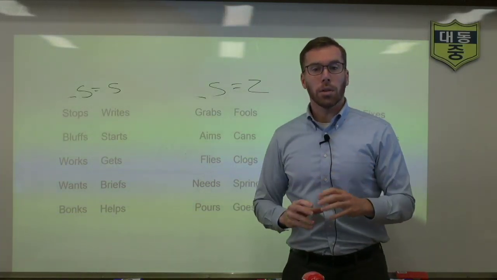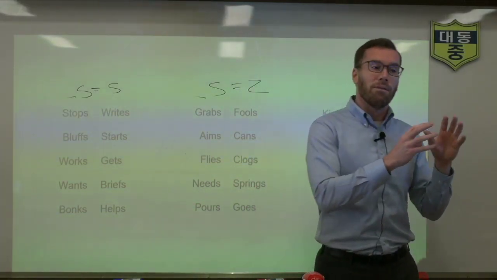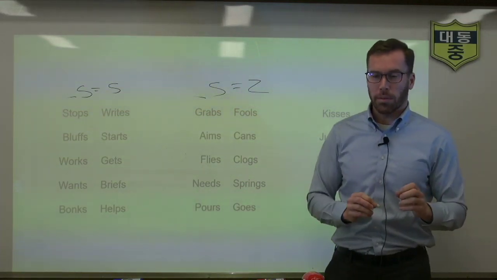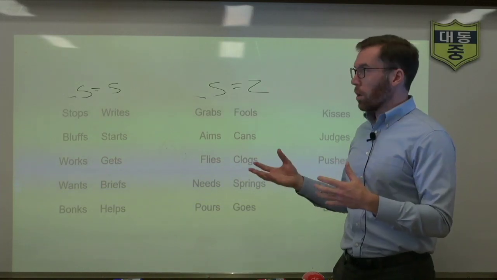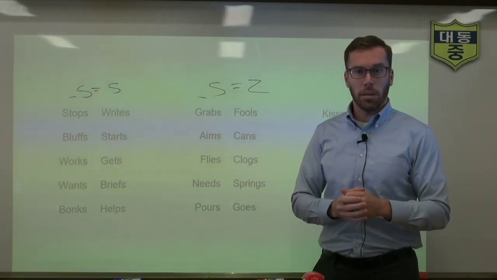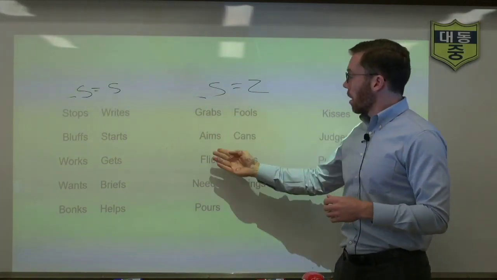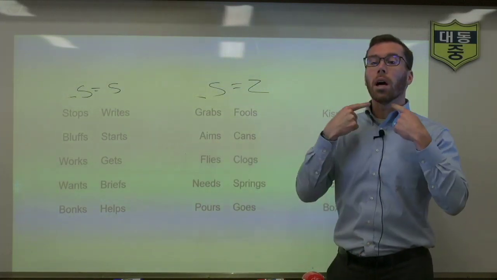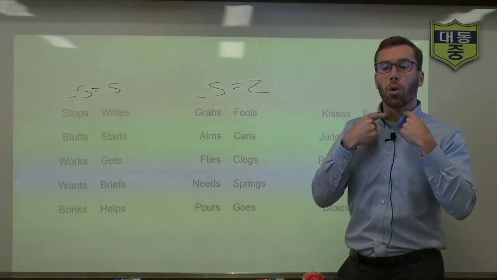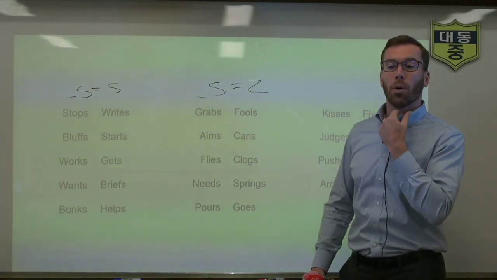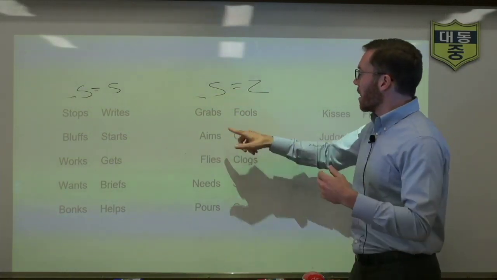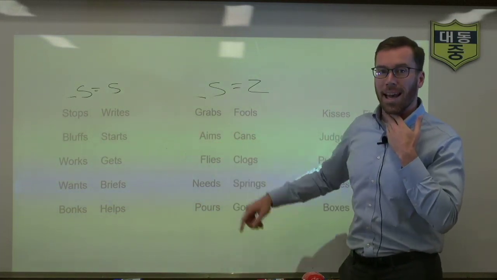This is called voiced and voiceless sounds. When we talk, some words, some letters, like M, we are using our vocal cords. Our voice is moving back and forth to create the sound.